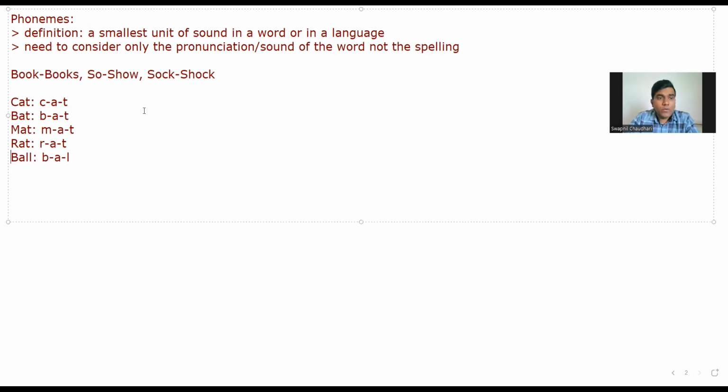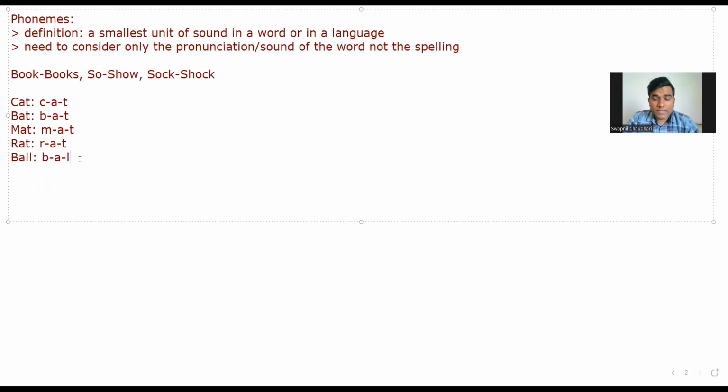Okay? What about this word? Ball. B, o, l. Three. Right? So that is something that I want to drag your attention at. The phonemes, as you can see over here, need to consider only the pronunciation sound, not the spelling.